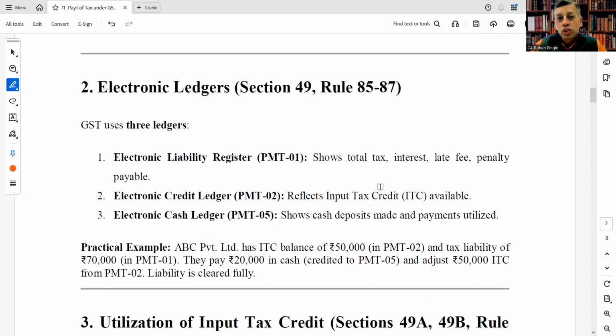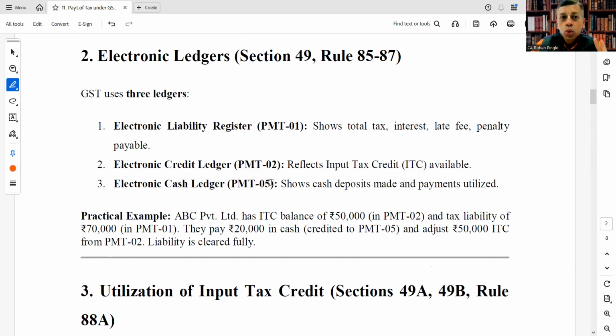Electronic ledgers. The relevant provisions are section 49, rule 85 to 87. GST uses three ledgers.